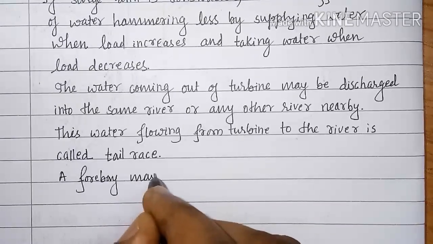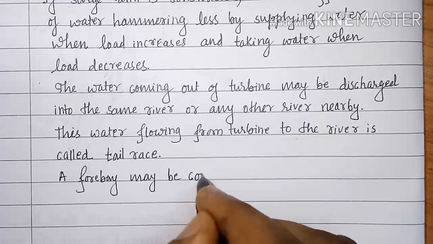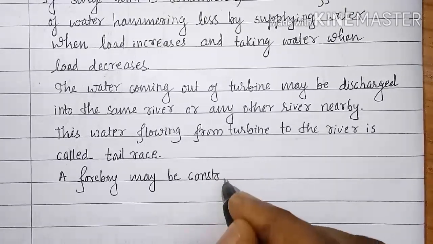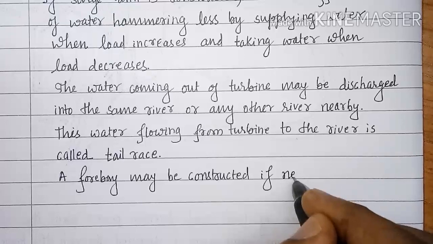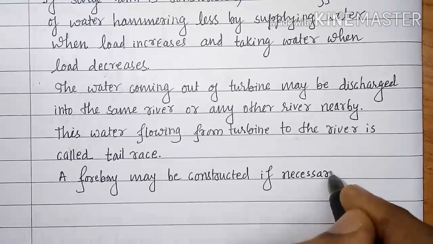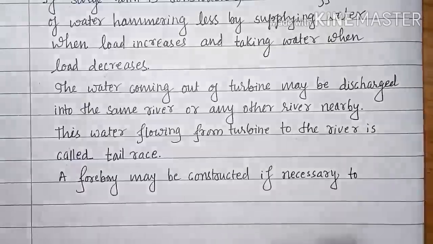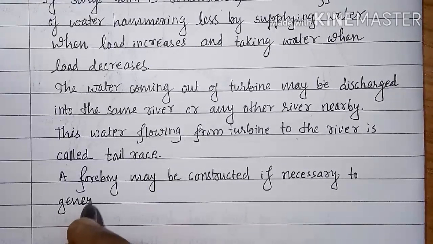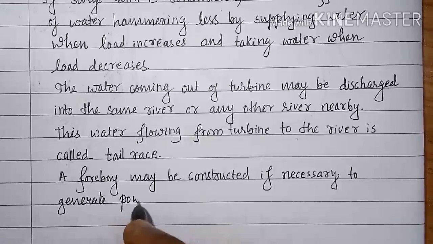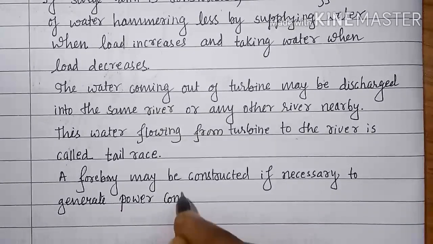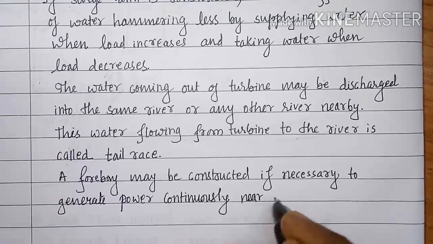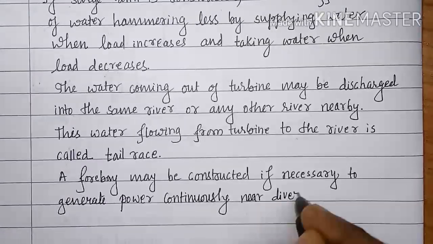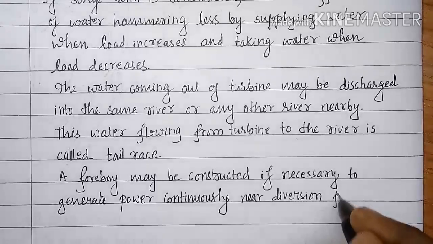A forebay may be constructed if necessary to generate power continuously near diversion point.